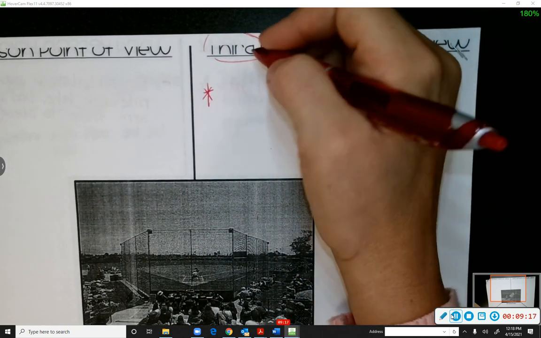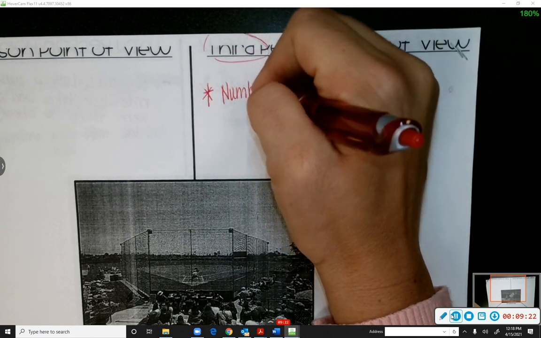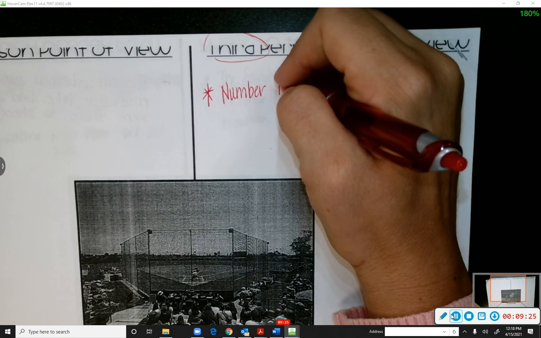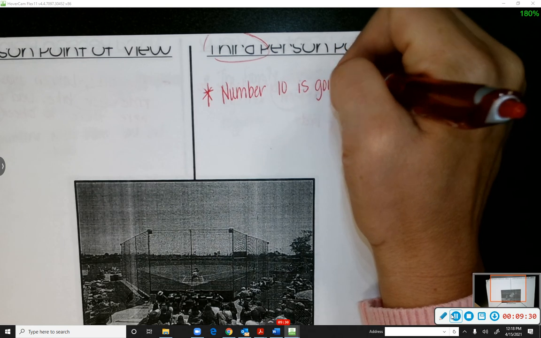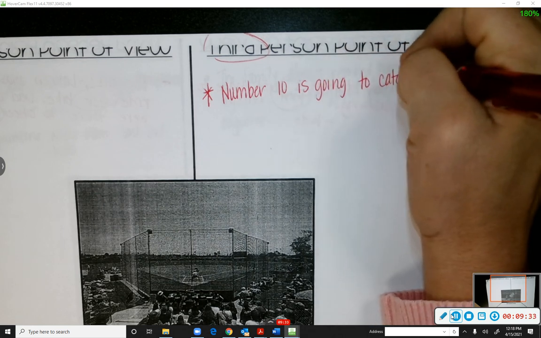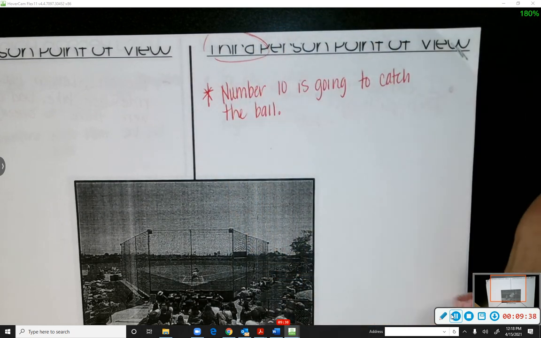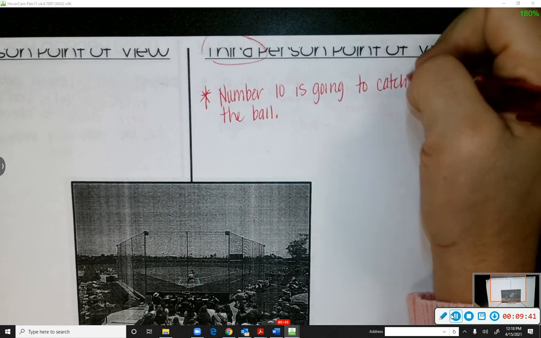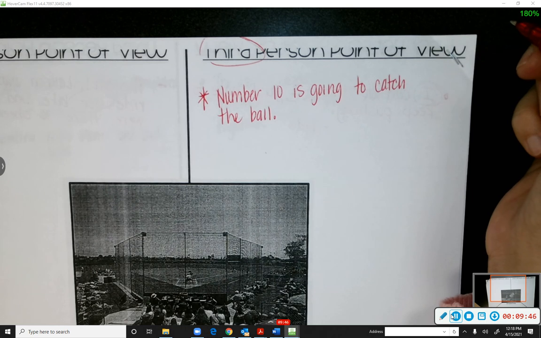The number 10 is going to catch the ball. Number 10 caught the ball and hit a home run. What was your second sentence?